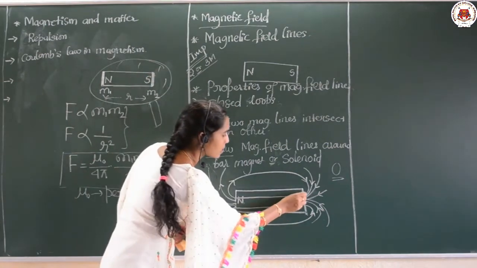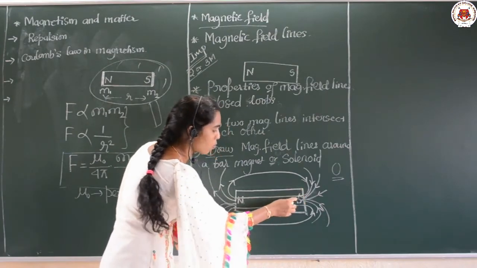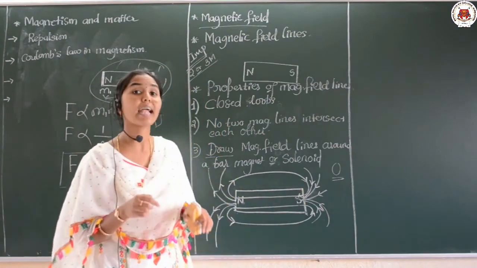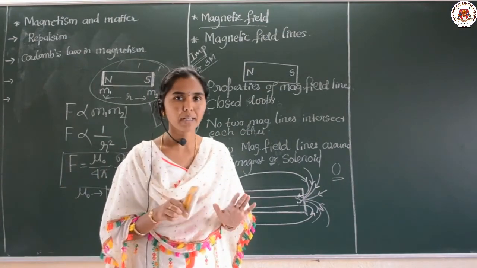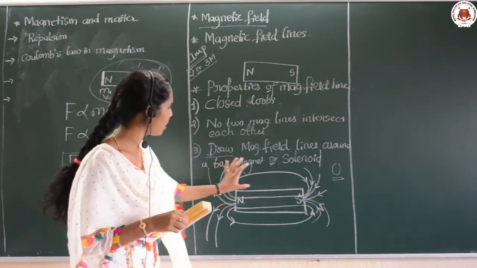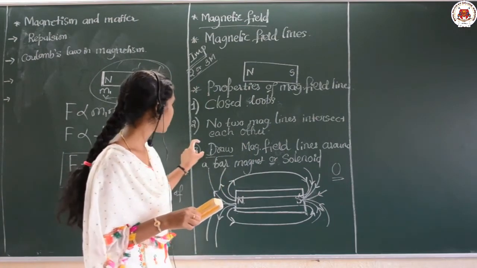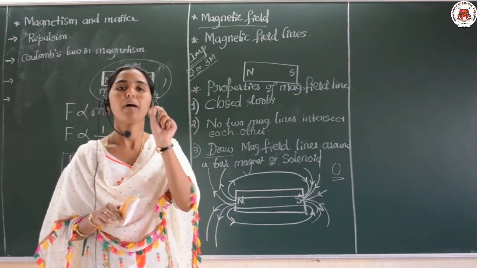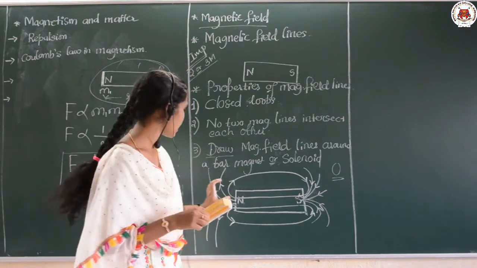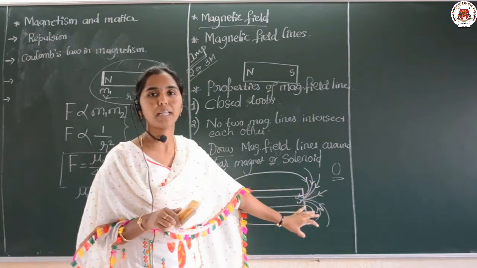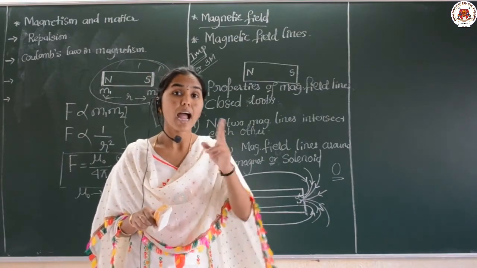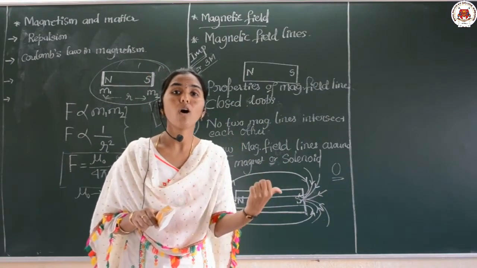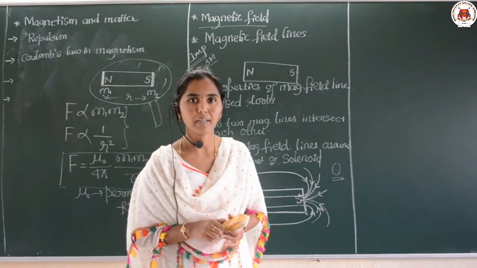That is starting from the south and terminating at the north inside the bar magnet. Am I clear? Yes? So, a very clear point here. The magnetic field lines start from the north and terminate at the south pole outside the bar magnet, and from south to north inside the bar magnet. Yes?